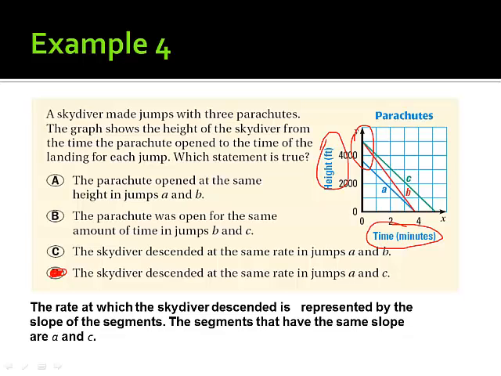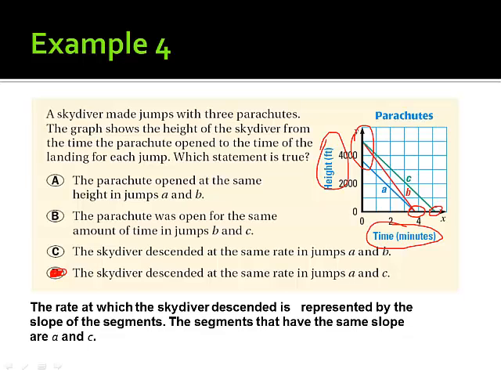Now, the parachute opened at the same height in jumps A and B? Well, we don't really know that. We can't really decipher that. The parachute was open for the same amount of time in jumps B and C? Well, that's not true, because you can see in B, here was the time spent, and here was the time spent, so they're completely different. So B is out.